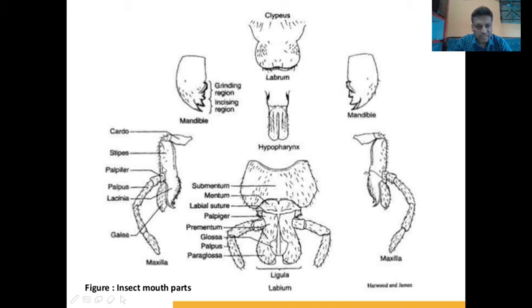These are the maxillae, secondary organs which can catch the food materials, and this is the labium, called the lower lip of the insect. In the middle part are the submentum, mentum, labial suture, palpiger, prementum, glossa, and palpus. These are the parts from where chewing and other functions are done by the insects.